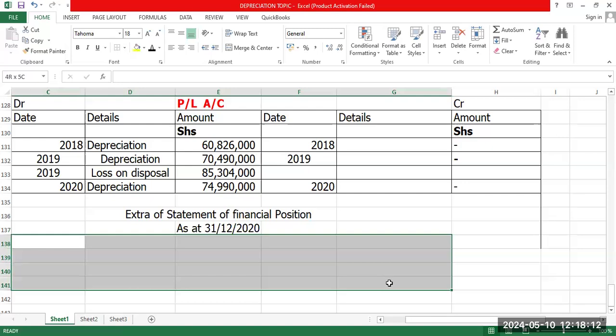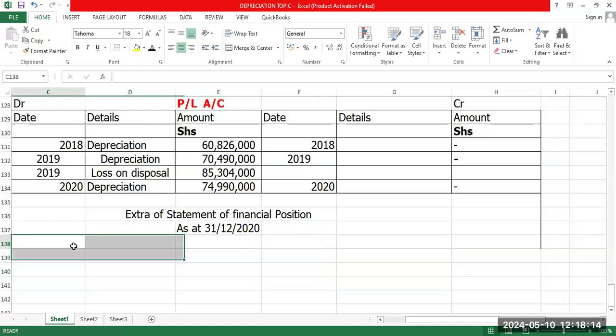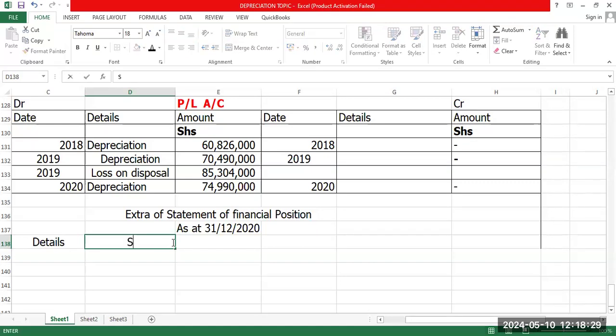So we draw our extract. What you need is your details. Then you also need to know that your amounts are going to be in shillings.